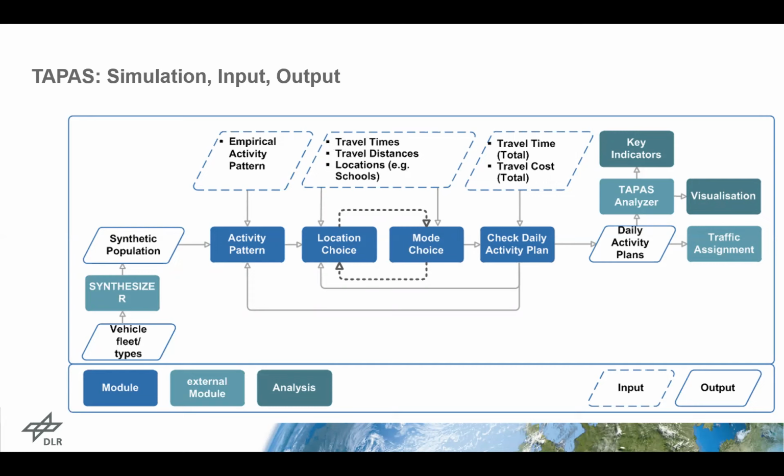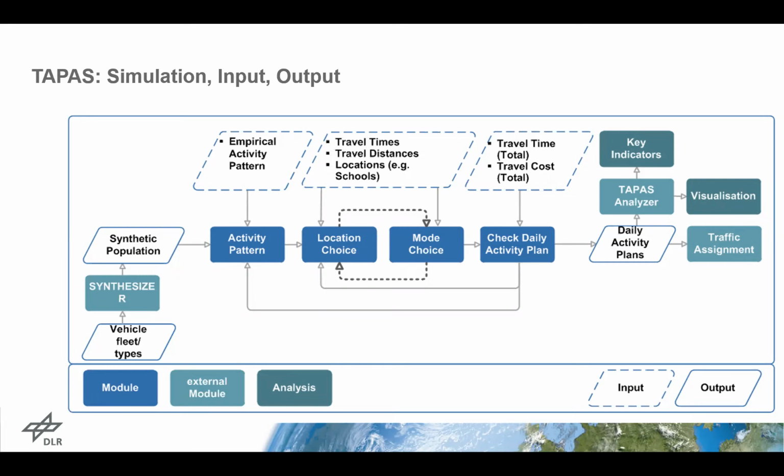I will go through the blue buttons with additional slides later on. These activity patterns then go into a location choice, where you get travel times, travel distances, and locations and their types. You choose a location combined with a mode, because locations are usually attractive only for certain modes, so this is a combined choice we do in our model.